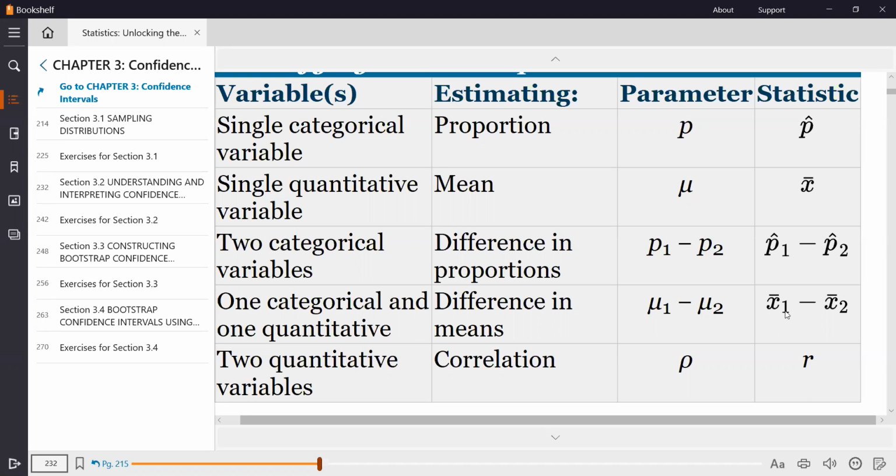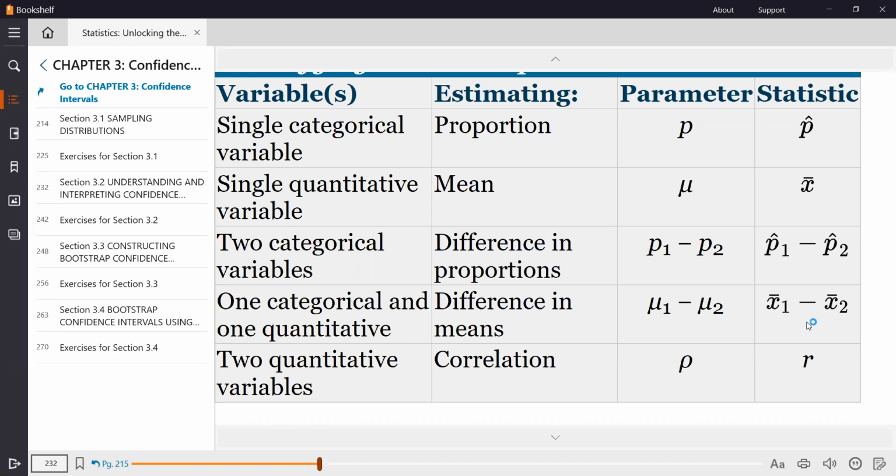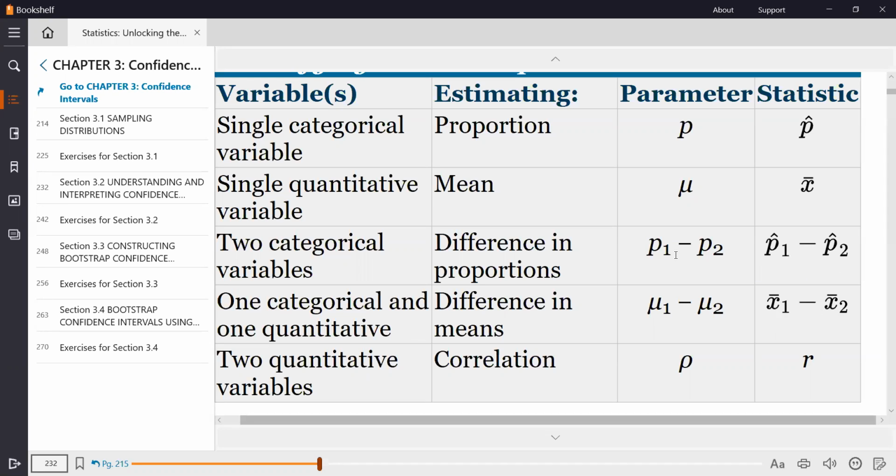Same thing with the means. We take these sample statistics and subtract. So we're going to have two samples in this case instead of one, a sample for group 1 and a sample for group 2. Then we subtract their means or their proportions to estimate the difference in proportions or difference in means. And again, I'll show you examples of that next time.